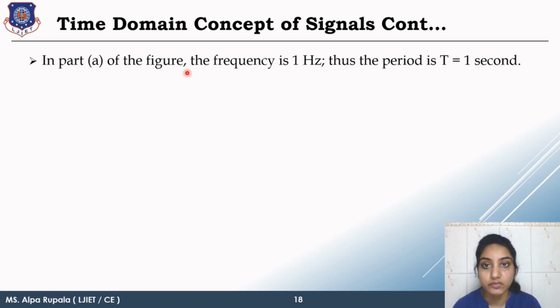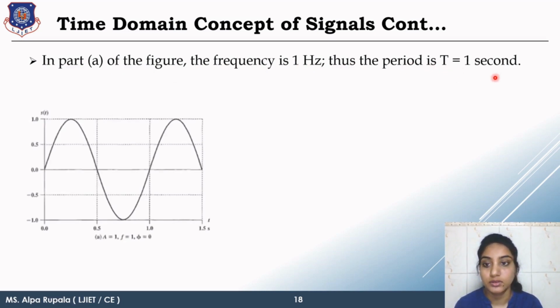Now we are representing one diagram in which the frequency of your signal is 1 Hz and the period of your signal is 1 second. See in this diagram, amplitude is 1 volt, frequency is 1 and phase is 0.